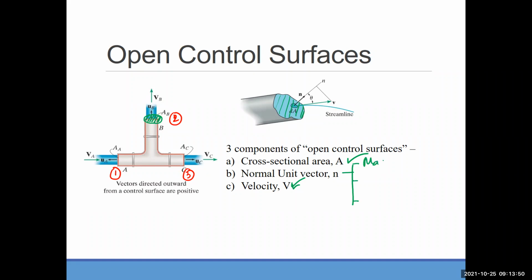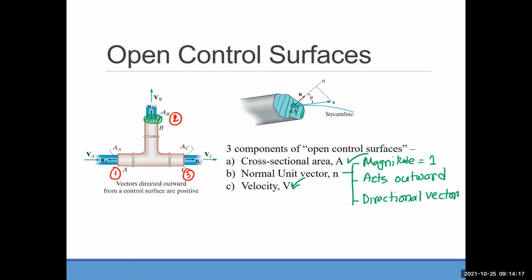So the magnitude of this vector is 1. This one is outward, and this is a directional vector.